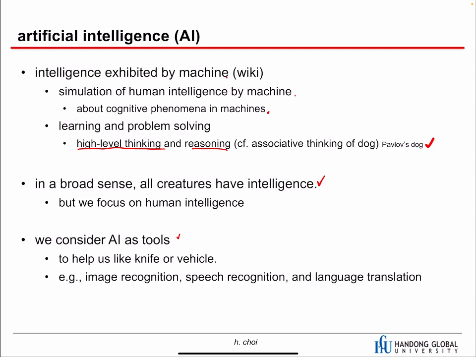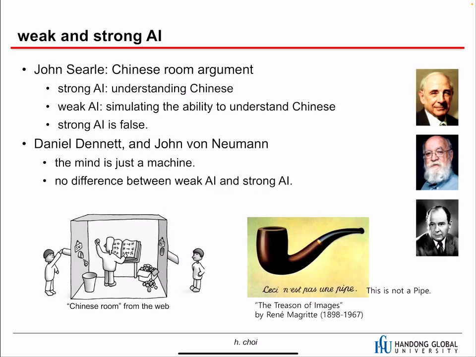Our running ability is worse than a vehicle if we're interested in speed, but we don't compete. We just use it. Likewise, we don't fight against AI. We use AI as tools like image recognition, speech recognition, and language translation. We just use them.